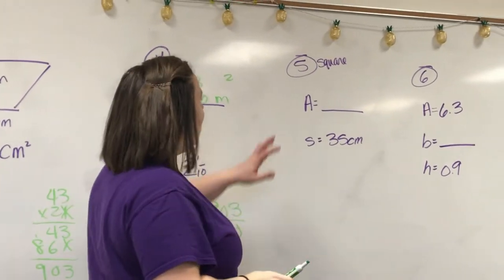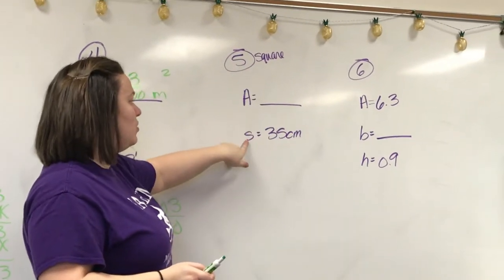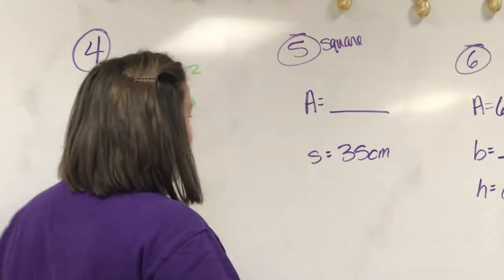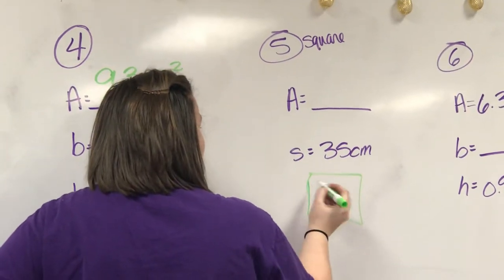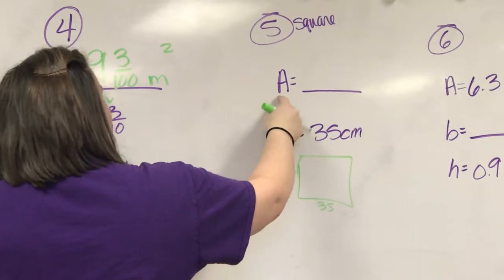Okay. You have a square that is given to you, and it gives you one of the side lengths. And we know that a square has all the same side lengths. So this is 35 and this is 35. We want to know how to find the area.